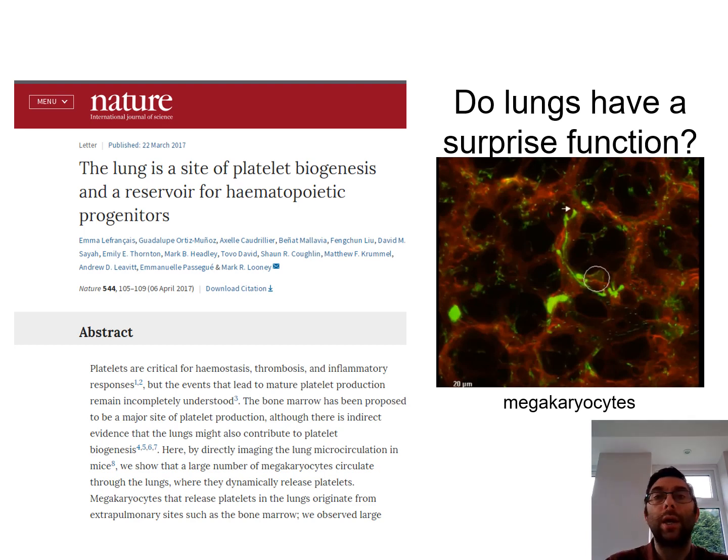Now, one thing to note about this particular study was that it was done on mice, okay, and quite often we know that research that's done on mice and rats doesn't always translate to humans, but the authors of this particular piece of research strongly believe that similar processes may actually be present in humans as well.